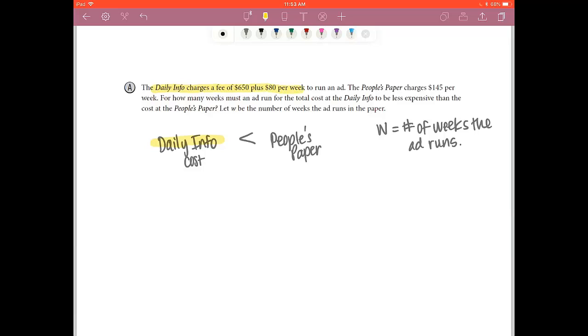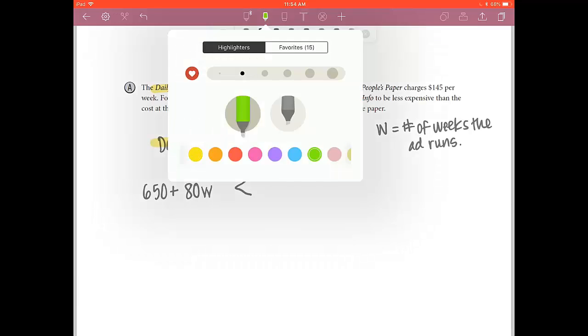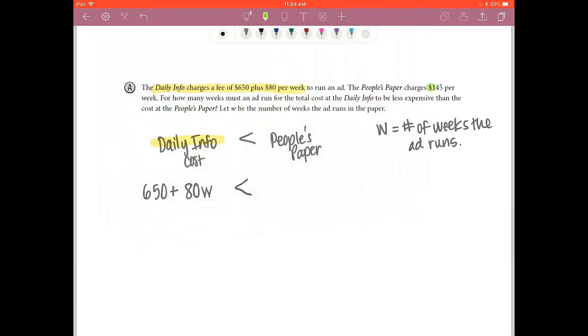Now, the Daily Info charges a fee of $650 plus $80 per week. So they have a standard $650 cost plus $80 per week. So that $80 is a coefficient. And that's going to be less than the People's Paper, or we want it to be less than the People's Paper, which is strictly $145 per week.